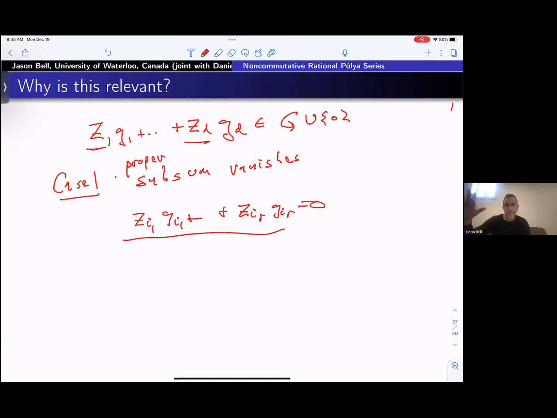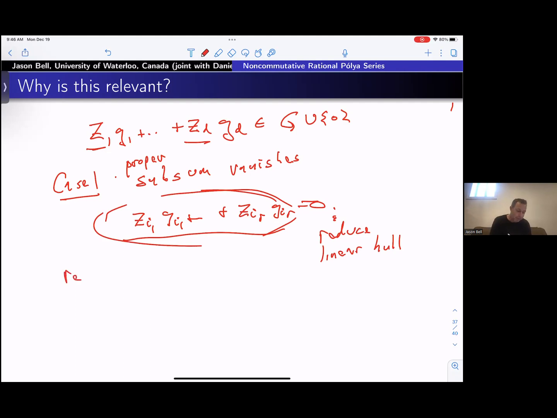And that is really some sort of hyperplane condition. And that allows us to reduce the linear hull in this case. So if we restrict to the cases where a fixed proper subsum vanishes, we can reduce to a smaller linear hull and get the result. And of course, there's only finitely many different possible subsums that can vanish, so we can do that for each of them, and we can reduce in those cases. So we can reduce to no proper subsum vanishing.